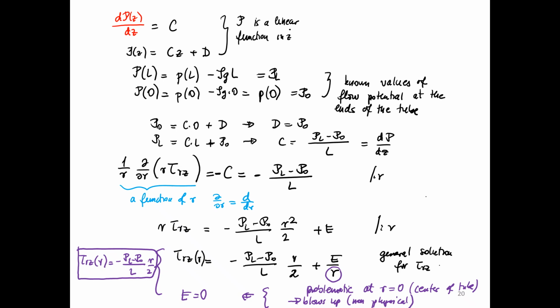But I actually know that in the middle of this geometry, I shouldn't have this one for R equal to 0, which is effectively in the middle of my geometry. This should not blow up. I cannot have a nice Newtonian fluid like water in laminar flow and the shear stress tensor blow up. That just makes no physical sense. Okay?